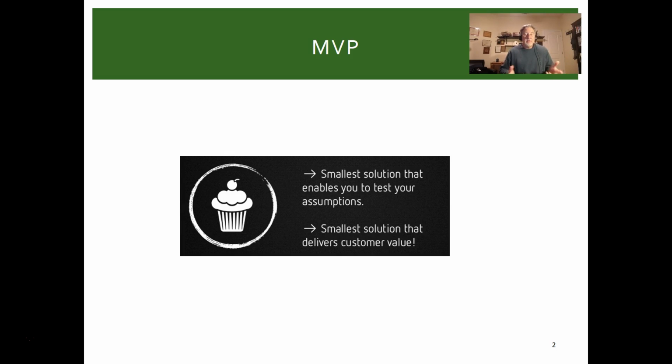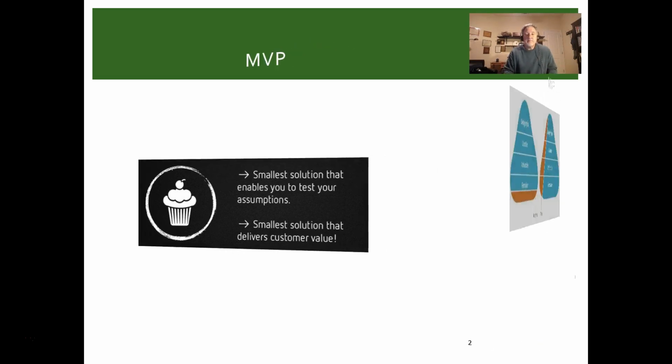The best example is that a baker does sampling of cupcakes. So it's the smallest solution that enables you to test your assumptions, and that is a small solution that customers can derive value from, that delivers value to the customer.